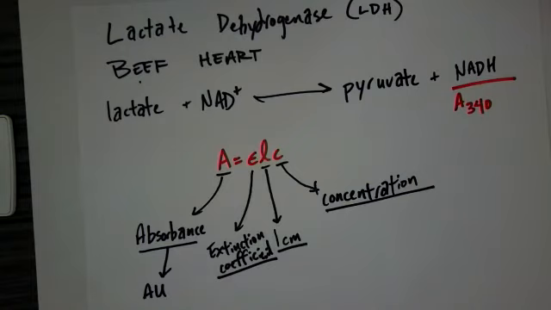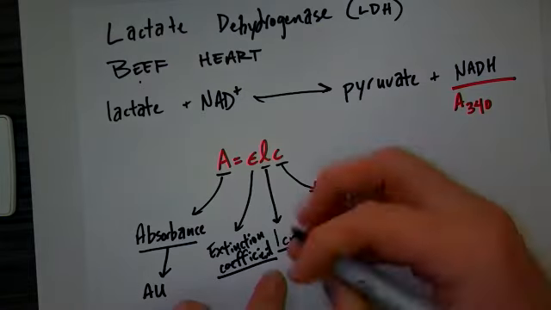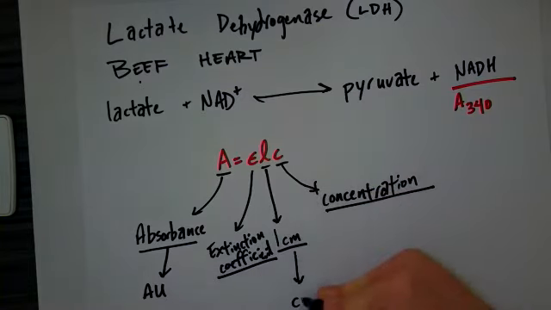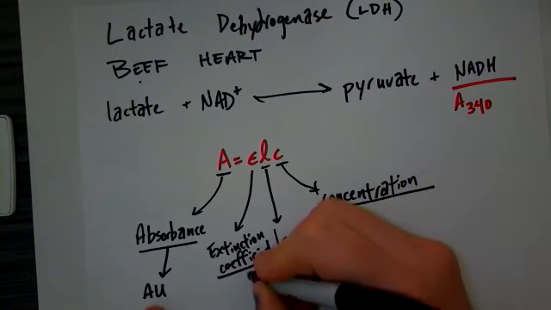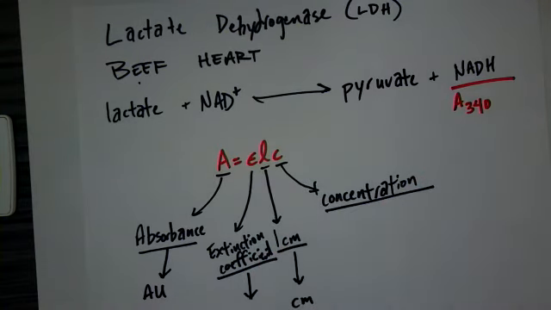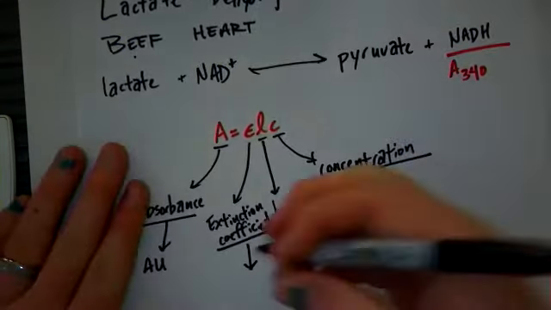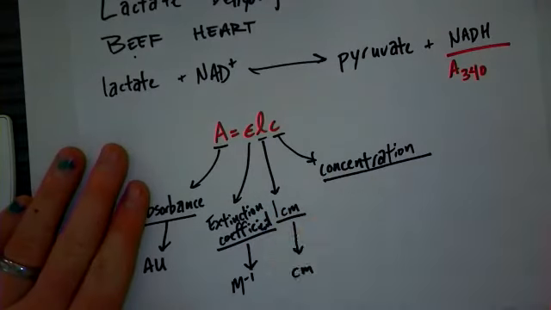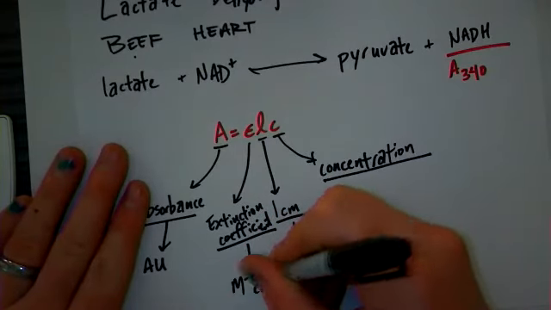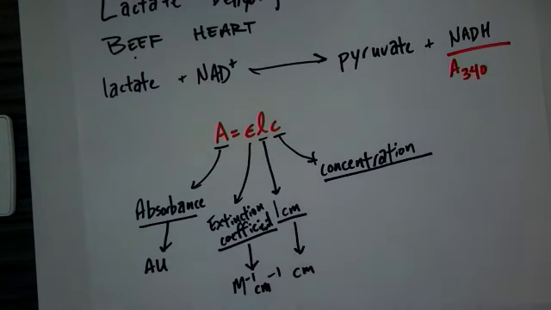Well, what that means is we have to have all of these units basically produce a product that has no units. Does that make sense? So we have centimeters. Extinction coefficient has kind of unique units in that they are inverse molar, inverse centimeters.